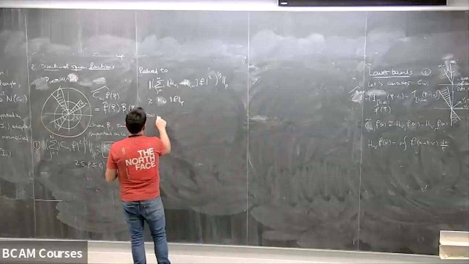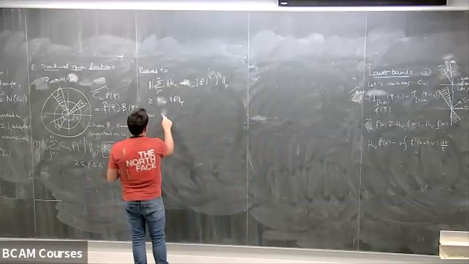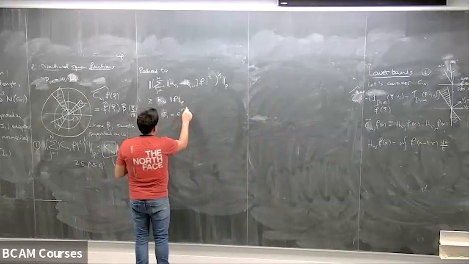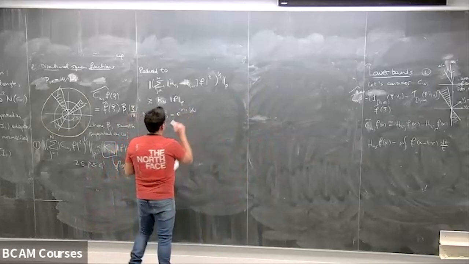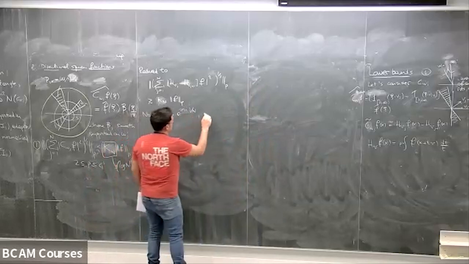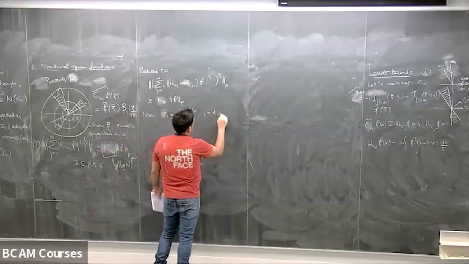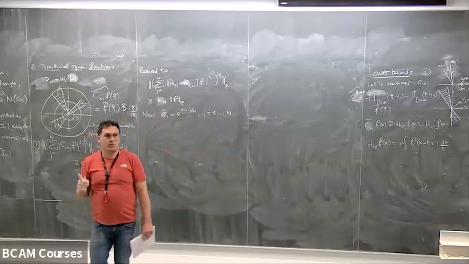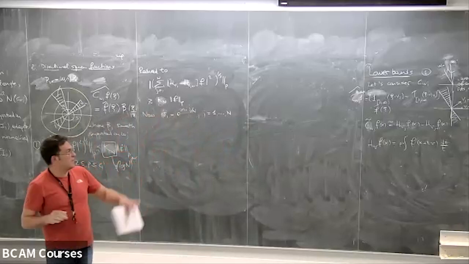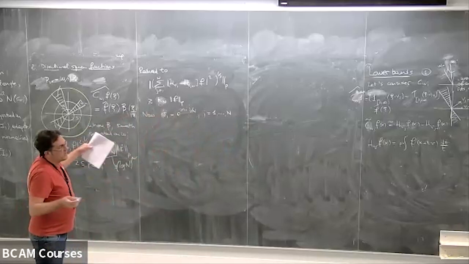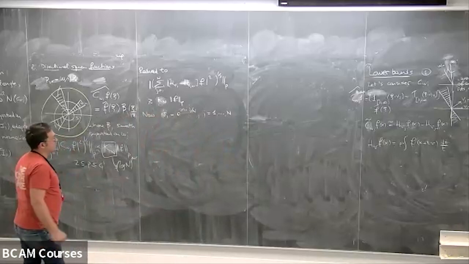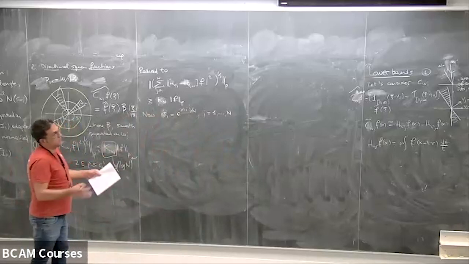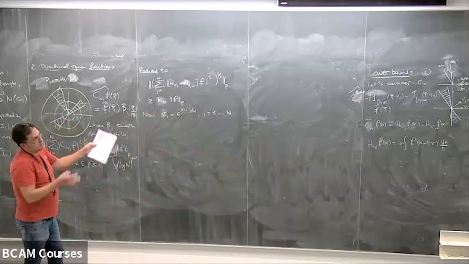Now, suppose that the directions are e to the 2 pi i j over n. The counterexample does not always work, but until now this reduction was fine for any set of directions that I label consecutively.